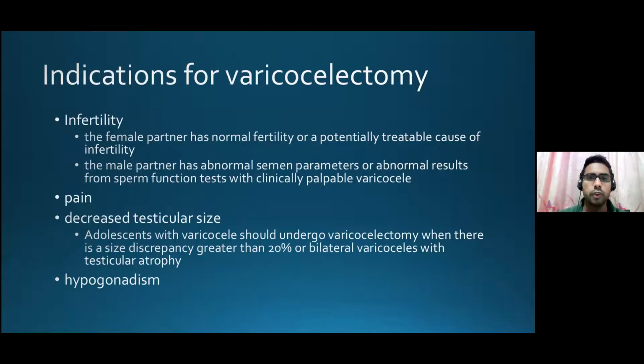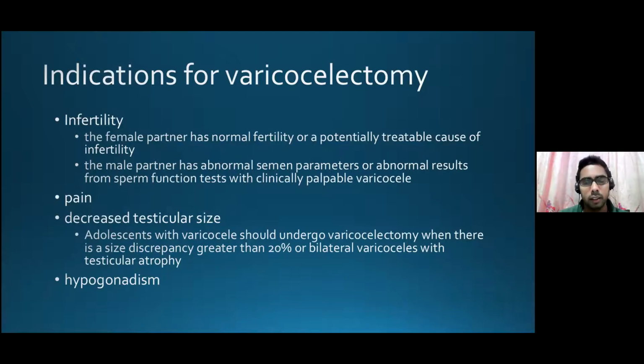First of all, the female partner has to be evaluated completely, and she should either have a normal fertility according to these investigations, or she should have a potentially treatable cause of infertility, and the male partner should have abnormal seminal fluid results that can actually be corrected after varicocelectomy.